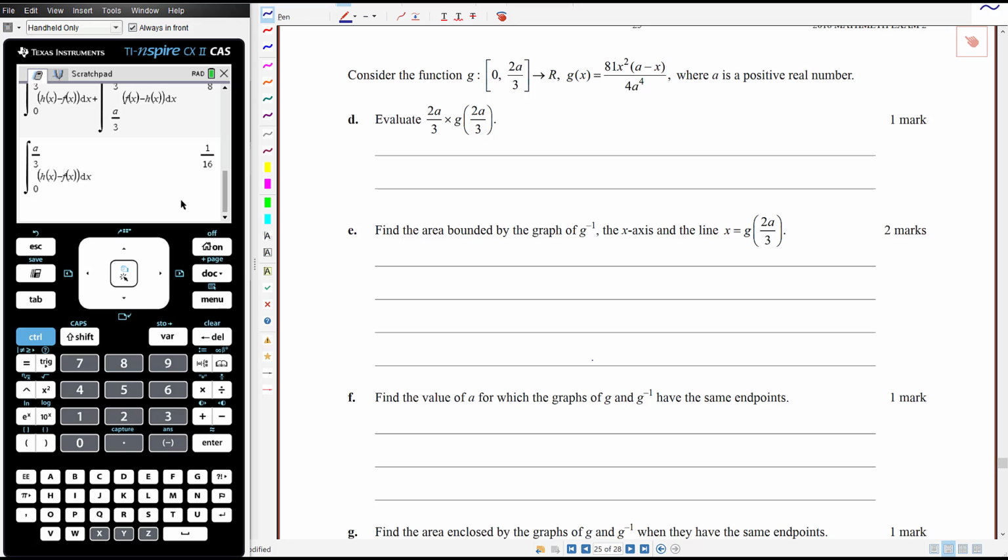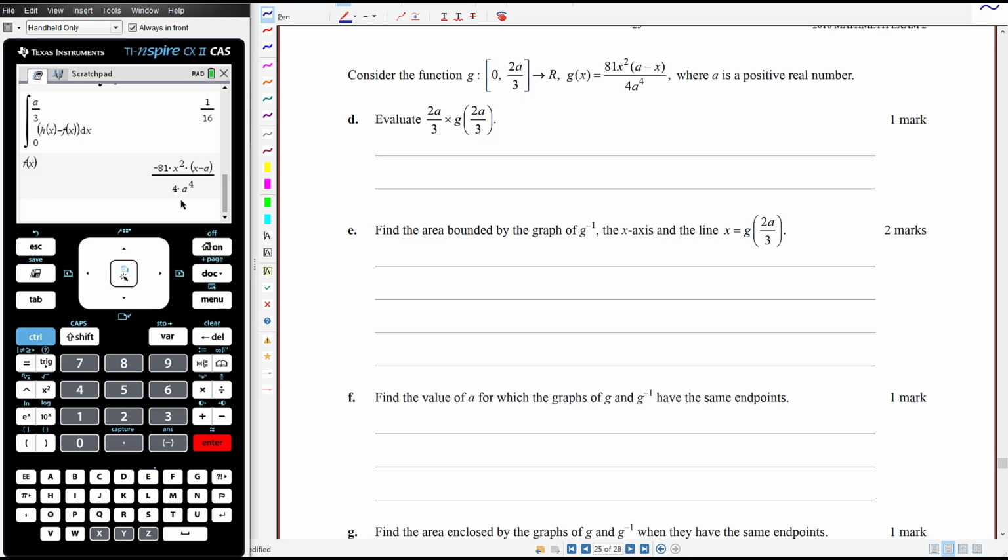Okay, consider the function g, which has the same rule as f, doesn't it? Let me just call up f of x in my CAS. F of x is, it's taken out the negative, but yes, it's the same function as f, it's just now got a restricted domain.